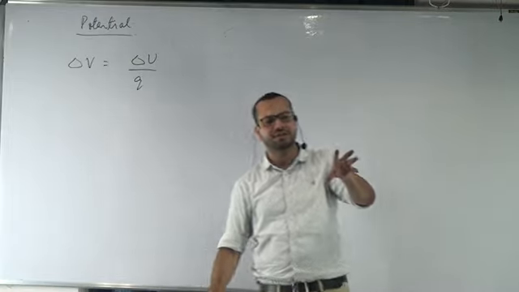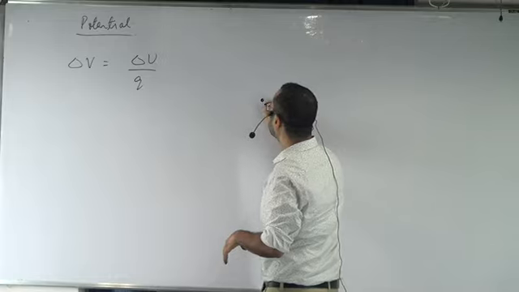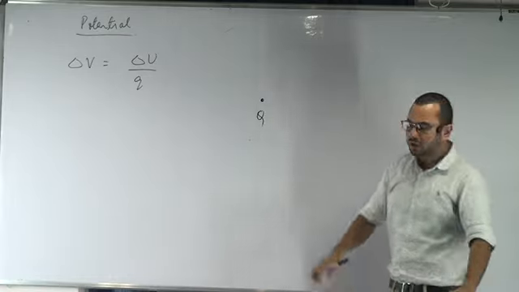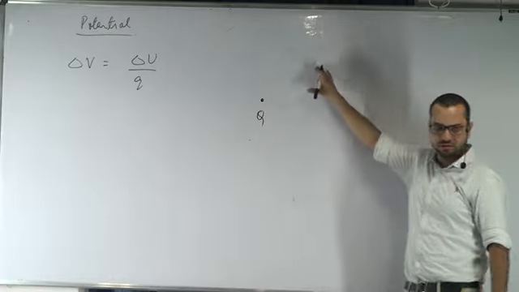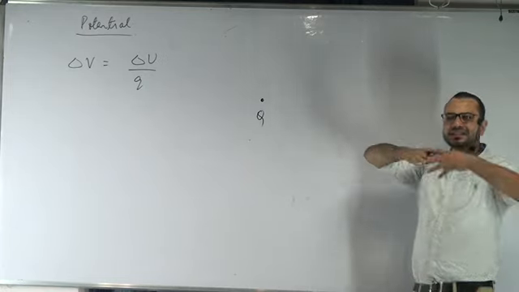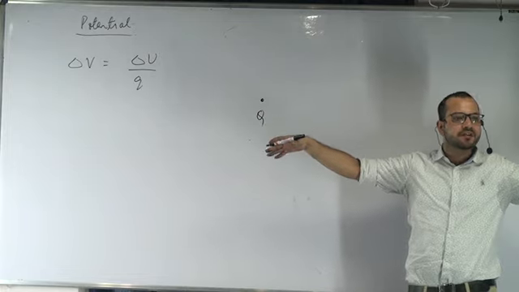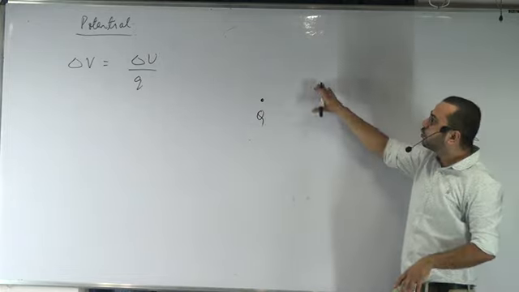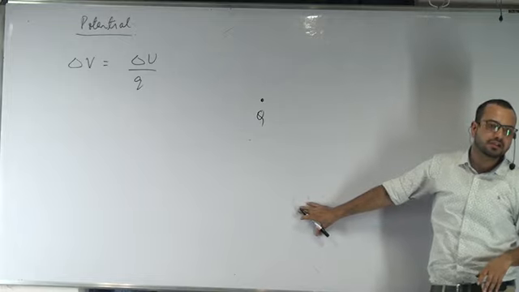But what we are talking about is, let's say, a charged particle Q. All around it, the space has its field exerted. The field is everywhere. But not all points are going to behave in the same manner.